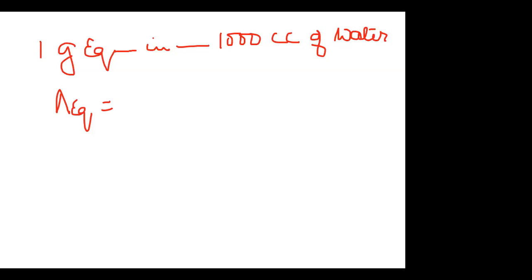What we are concerned is whether we are taking 1 gram equivalent of the electrolyte or not. So if we are taking 1 gram equivalent of the electrolyte in 1000 cc of water, then imagine this is the cube that we were talking about earlier. In this case, if this was 1 centimeter square, 1 centimeter away from each other, it was representing kappa.